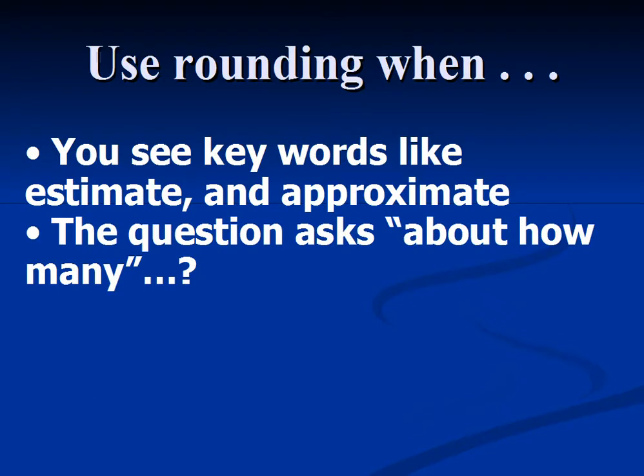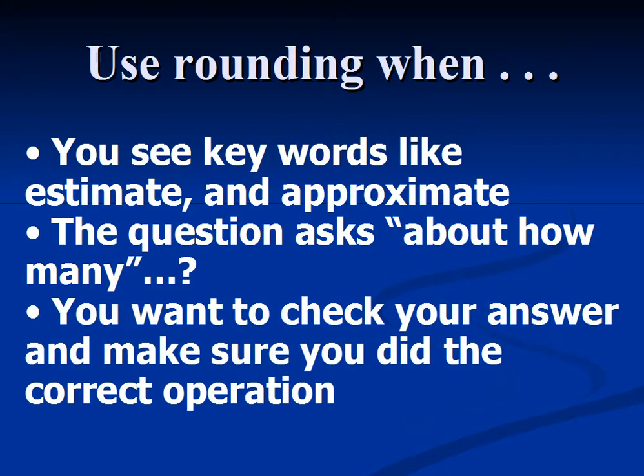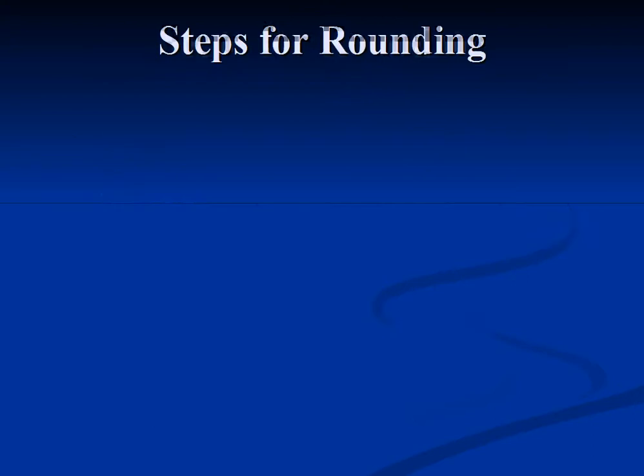About is another keyword. And you want to check your answer and make sure you did the correct operation. It's a quick way to check when you may be doing a timed test, such as the STAR at the end of the year, if you need to check very quickly.